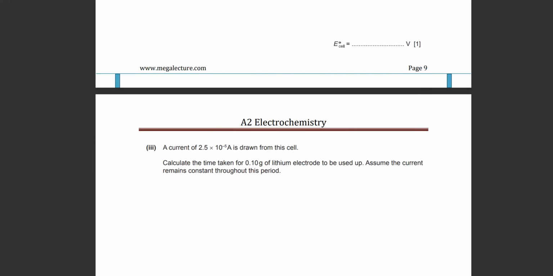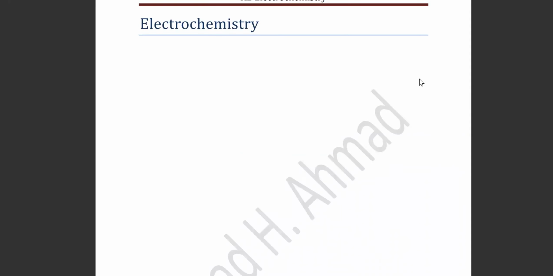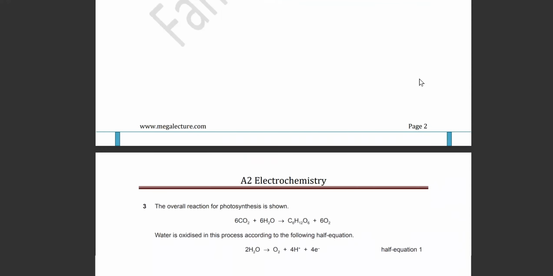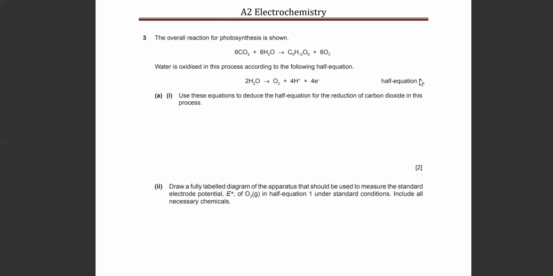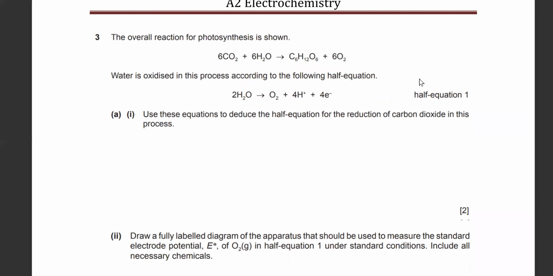So the first question in this one is kind of a difficult question, and we have done this, but not in this way. It's slightly tricky, right? So let's try and solve the first question.